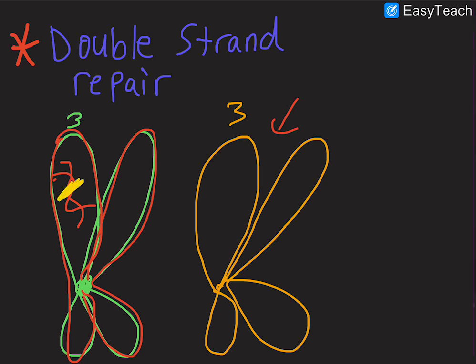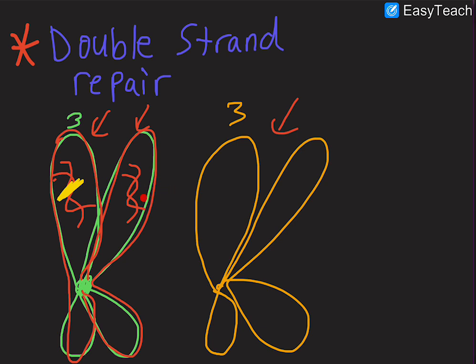Since these are sister chromatids, we have identical DNA on them, so we also have that same sequence on the sister chromatid. So we can take the sister chromatid as a template and rebuild the part that got broken. That's basically homologous recombination.